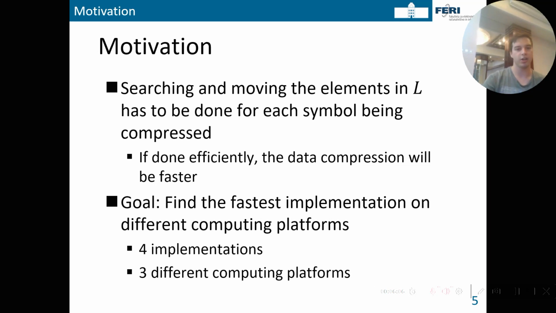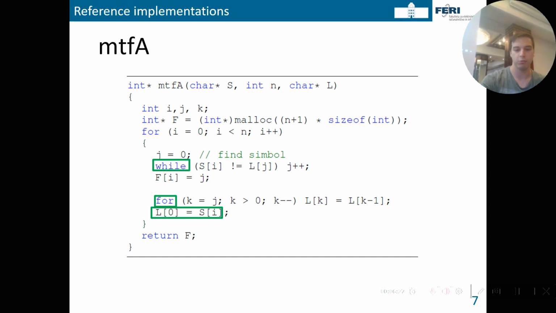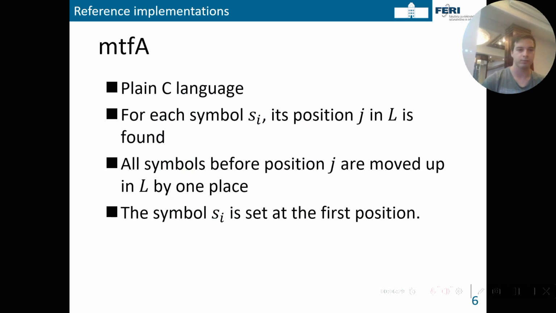So in the continuation, I will at first present our tested reference implementations. The first one is denoted with MTF-A. It's written in plain C language. At first, for each symbol S_i, its position J in list L is found with a simple while loop.